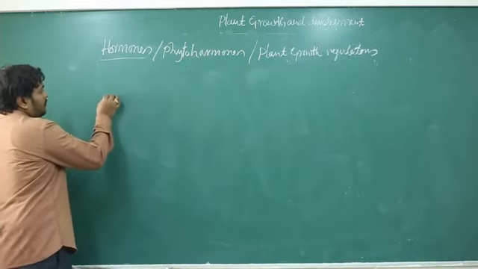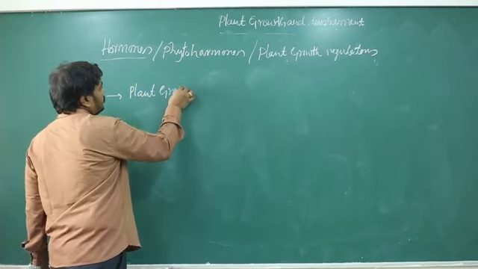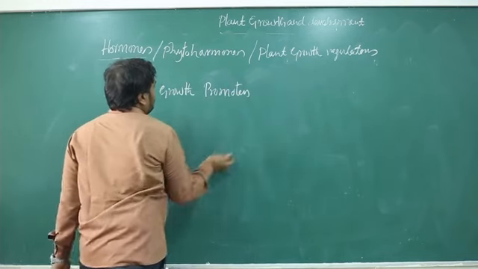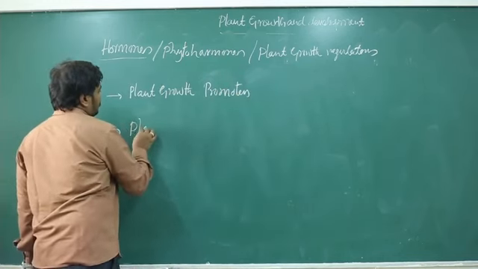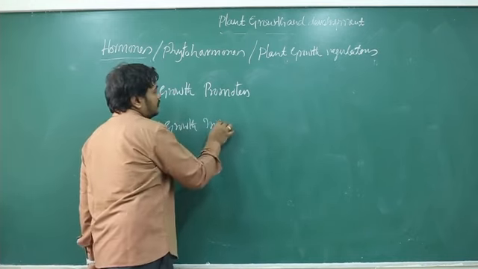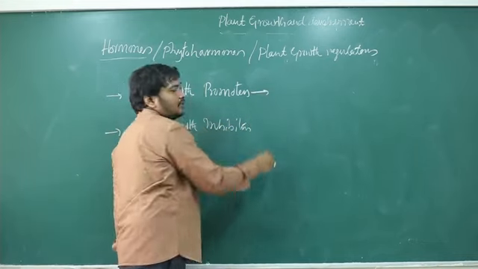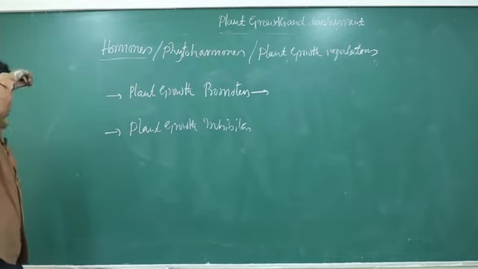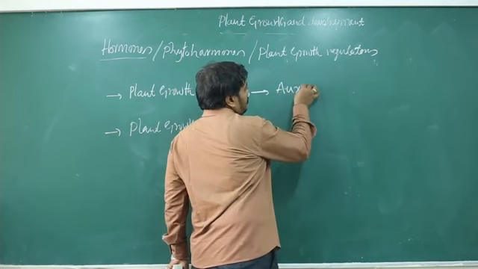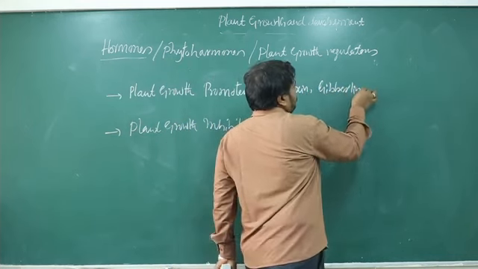There are two kinds of phytohormones: plant growth promoters and plant growth inhibitors. Promoters are those which promote cell division, cell elongation, and cell maturation, like auxin, gibberellin, cytokinin.